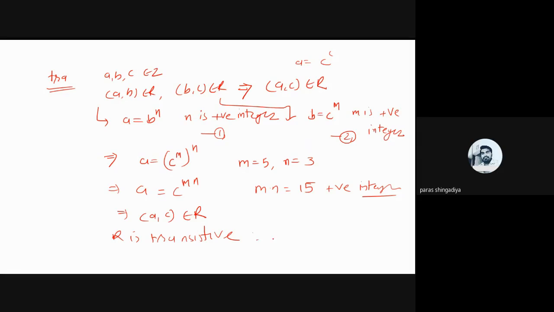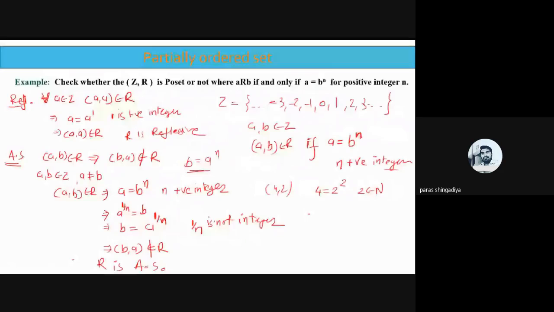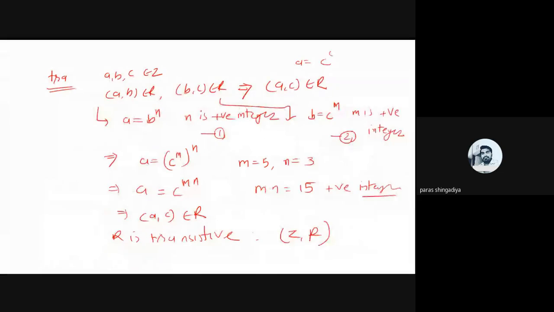The conclusion is that (Z, R) is a poset, a partially ordered set.